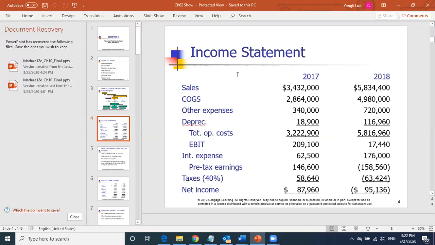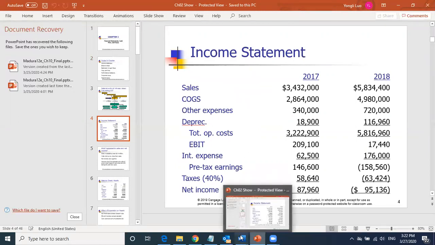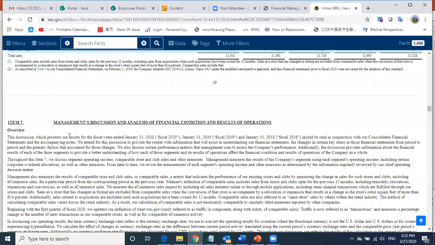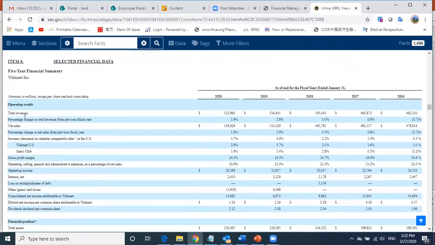Over that particular period of time you see the income statement. The first line is the sales, the company's revenue or total sales. You can see in the income statement, it's total revenue. The total revenue is sales. It's the same thing.